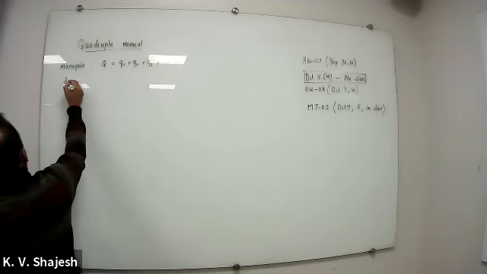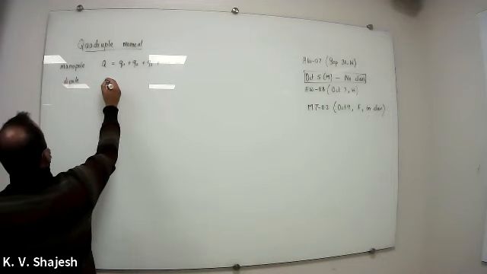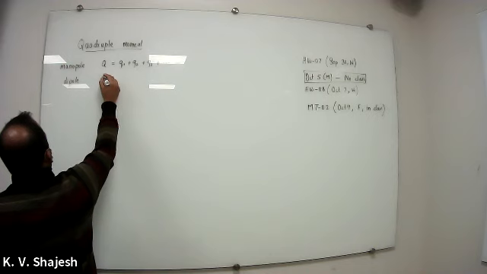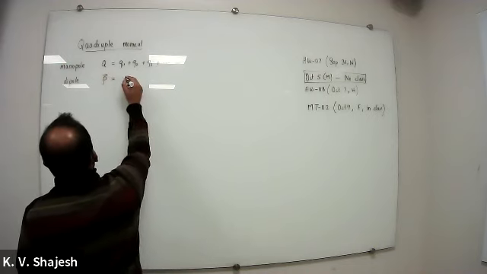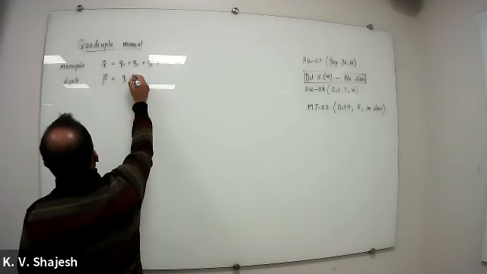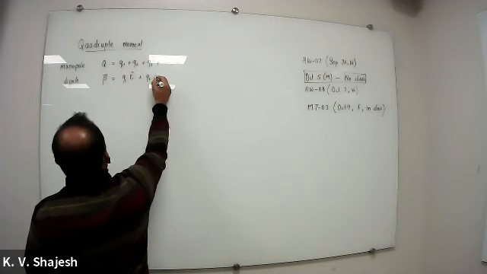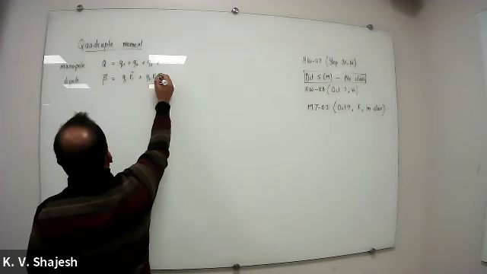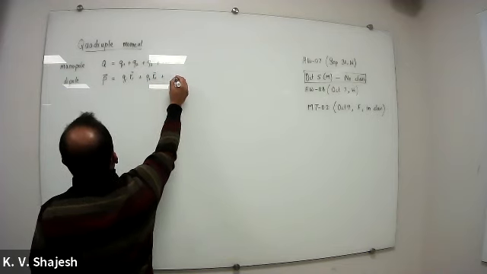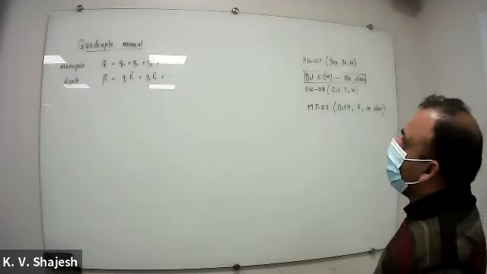Dipole moment is a vector P, which is Q1 times the position of charge 1 plus Q2 times position of charge 2, and so on. Just add them up.